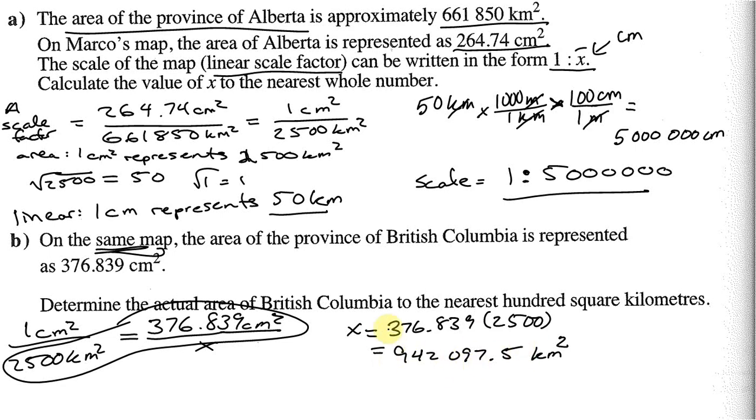We're going to round this, so we want the nearest 100 square kilometers. So round to that digit. 9 rounds up. 942,100 kilometers squared. And that's all.